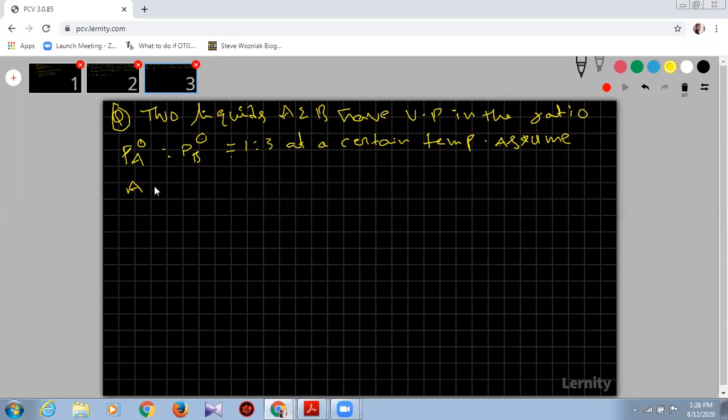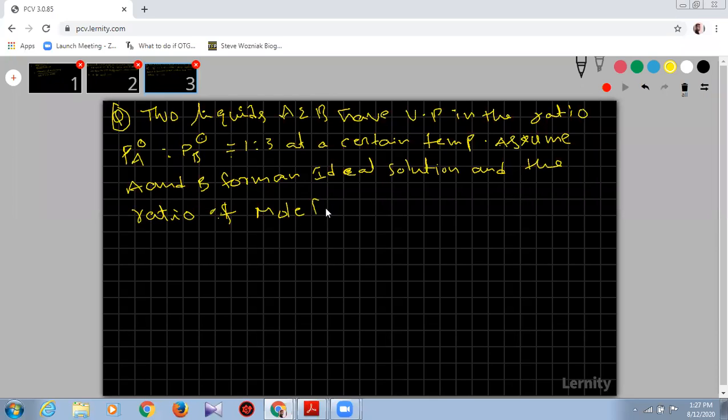A and B form an ideal solution and the ratio of mole fraction of A to B in the vapor phase is 4:3.